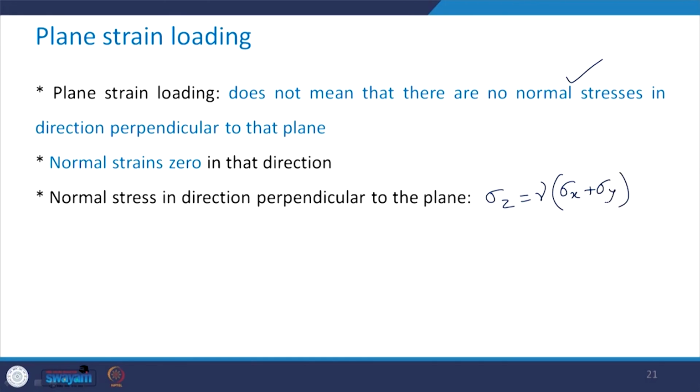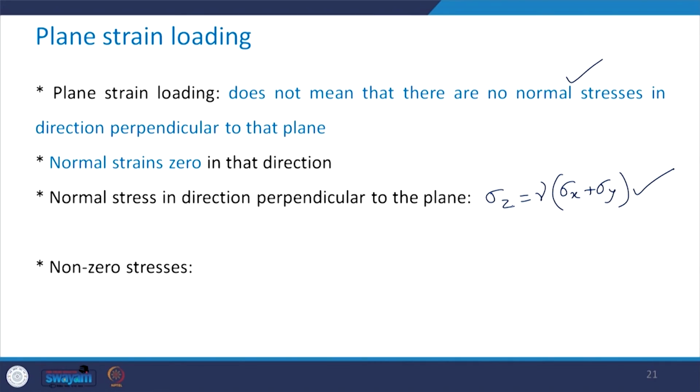And how can you determine this? You know that epsilon z is equal to 0 when you have plane strain loading. I have given you the expression for epsilon z; just substitute that to be equal to 0 and you will get this expression, that is sigma z equal to nu times sigma x plus sigma y.